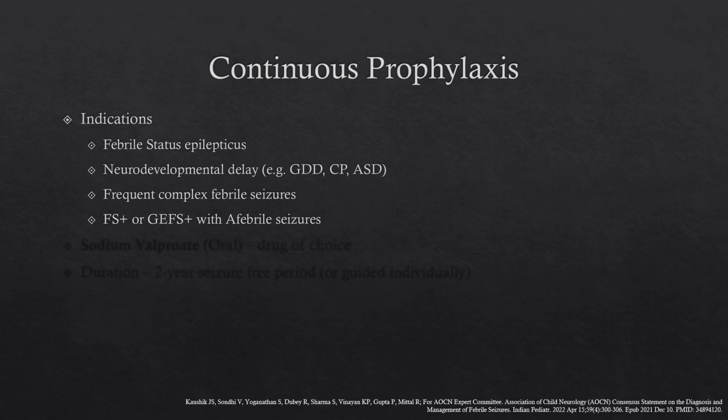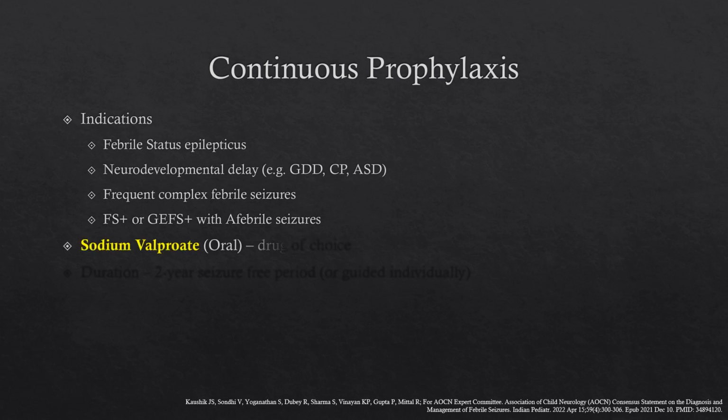Second, if the child has neurodevelopmental delay, for example global developmental delay, cerebral palsy, or autism spectrum disorder. Third, if the child has had frequent complex febrile seizures. Fourth, if the child has had febrile seizure plus or GEFS plus with afebrile seizures. In these 4 indications, you will advise continuous prophylaxis to the patient.